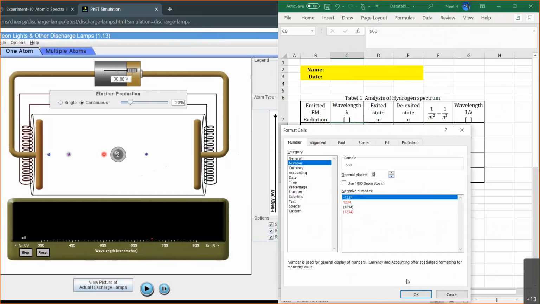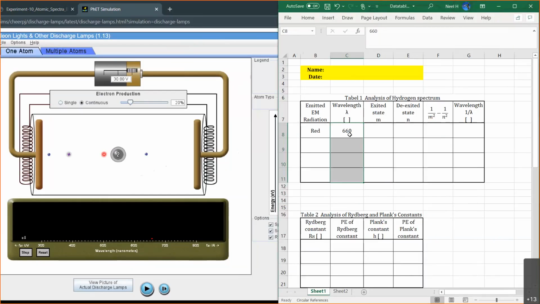So the decimal places put in there are actually not meaningful. I can't read any decimal places at all. In terms of unit, I'm going to keep the 10 to the power minus 9 on the top because it will be common for all of this. When I do the calculation, I don't need to write that 10 to the negative power again and again. Okay, I'm going to keep it on the top. That's going to be the same for all of this.